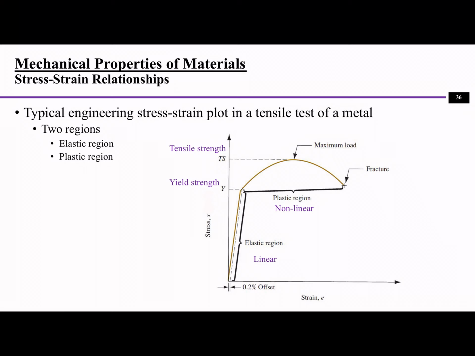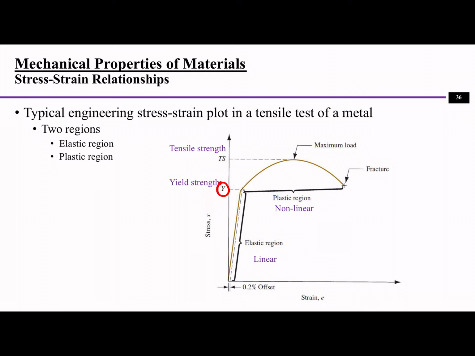During this period, it's called the elastic region, right? After that, there's a point where it will become permanent deformation. That strength is called yield strength, right? It's a turning point from the elastic region to the plastic region, or permanent deformation.